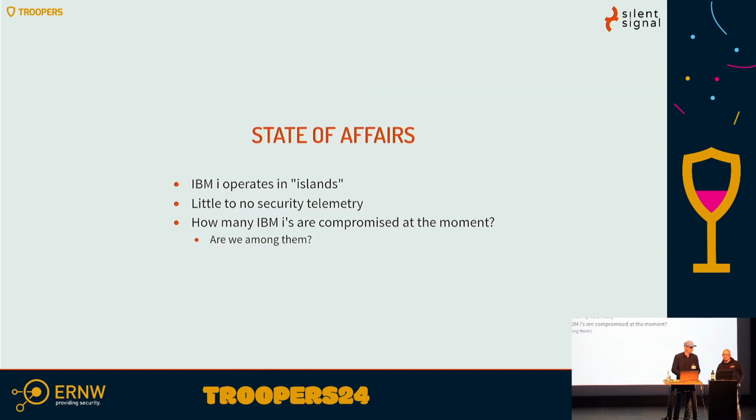First of all, the main issue seems to be that IBM i systems live on islands with little interaction from other parts of IT. And by little interaction, I don't mean that these systems are isolated. They can definitely be reached after a client-side attack, and they can even be reached via the internet. There are some IBM i exposed services out there, you can find them on Shodan.